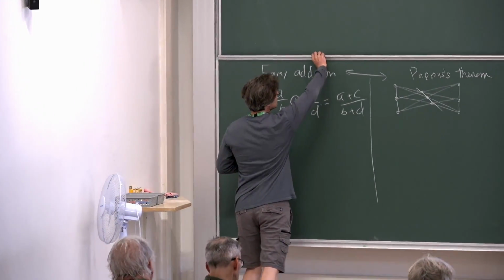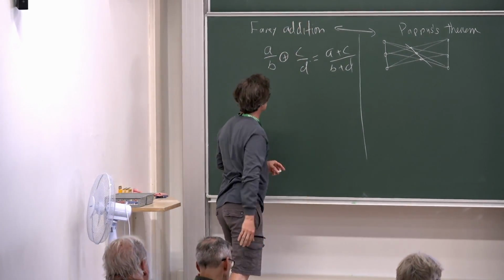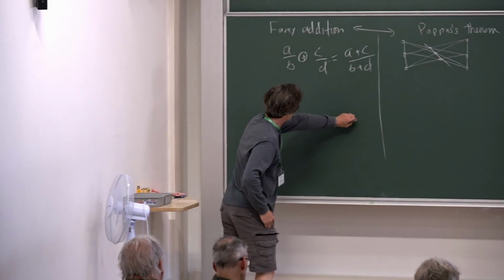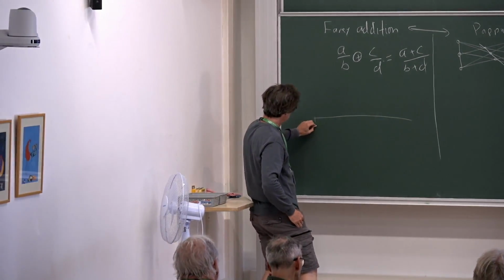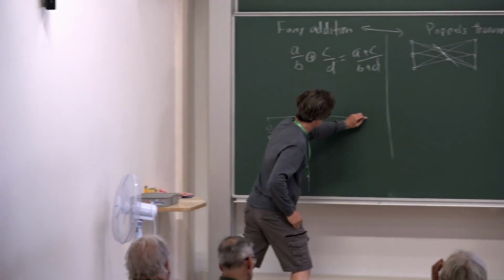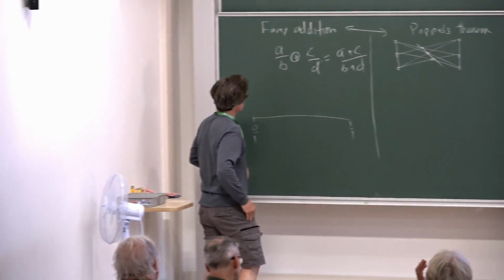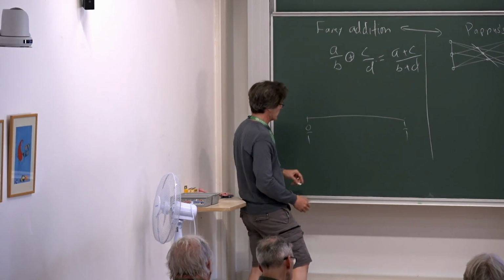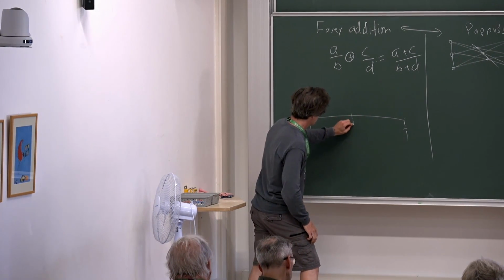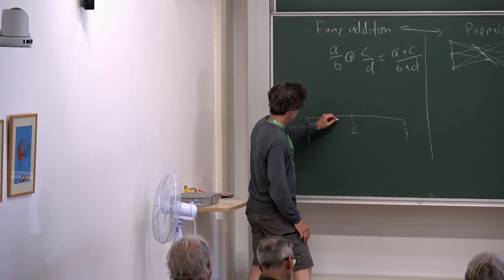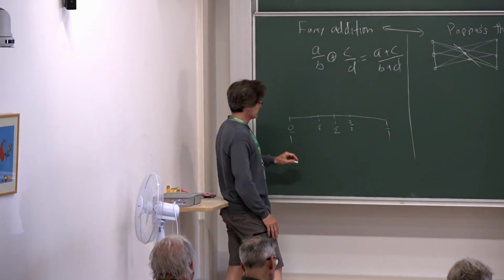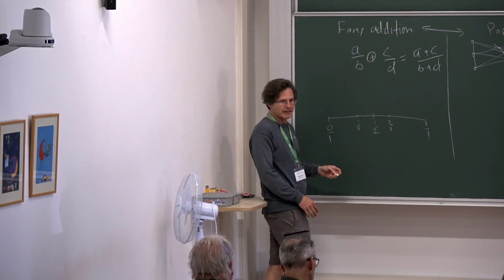I'll show this on the left. The way you usually do this is you think of the good input as 0 over 1 and 1 over 1, and then when you do this you get 1/2, and then 1/3 and 2/3, and it goes on like that.